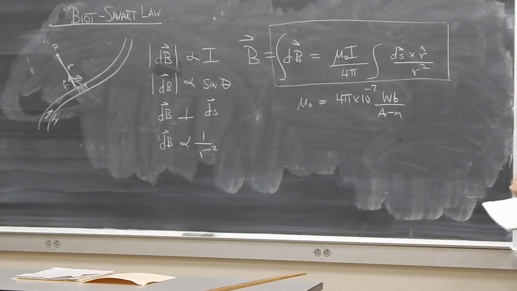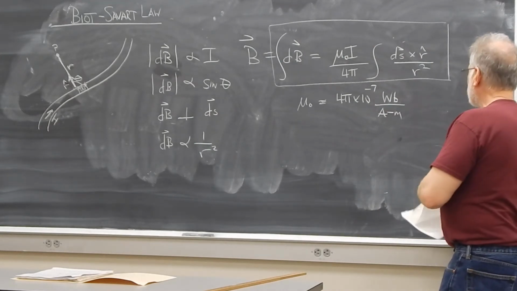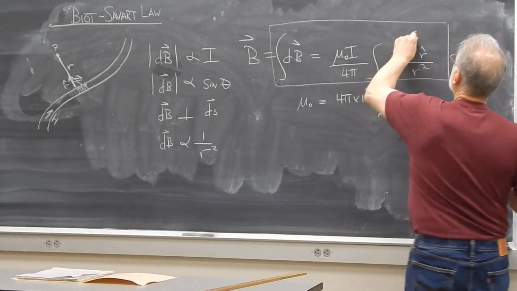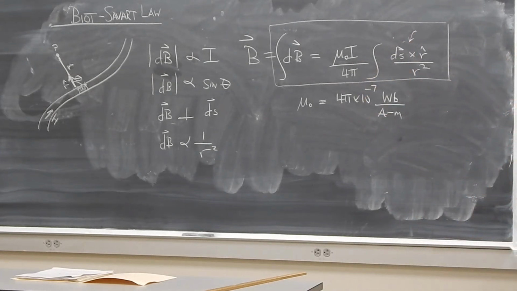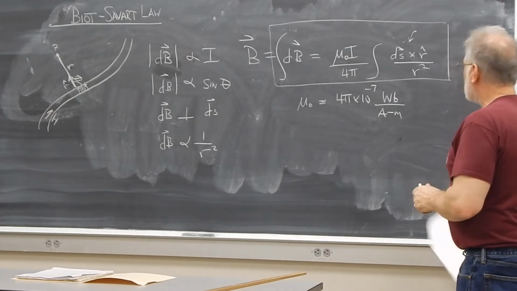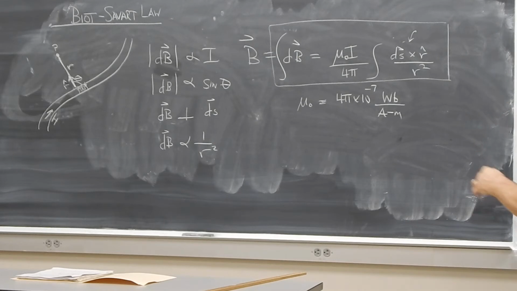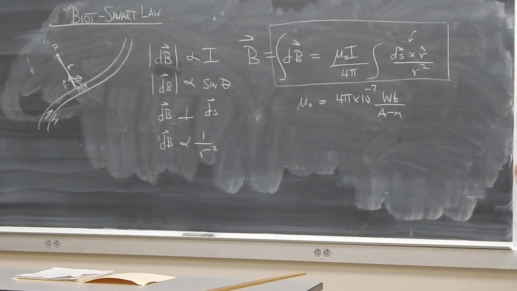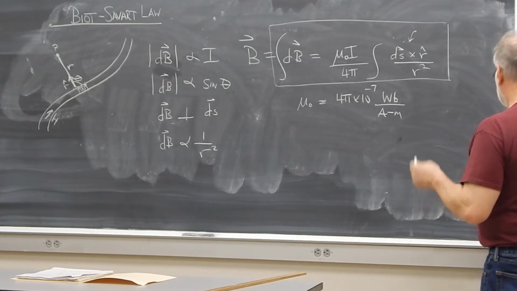Now, the interesting part of this integral is you have to be a little bit careful because there's a cross product in the integral. And so our result will be in vector form, and we want to be a little bit careful about that. You'll notice, though, that the Biot Savart law is analogous to Coulomb's law for electrostatics.